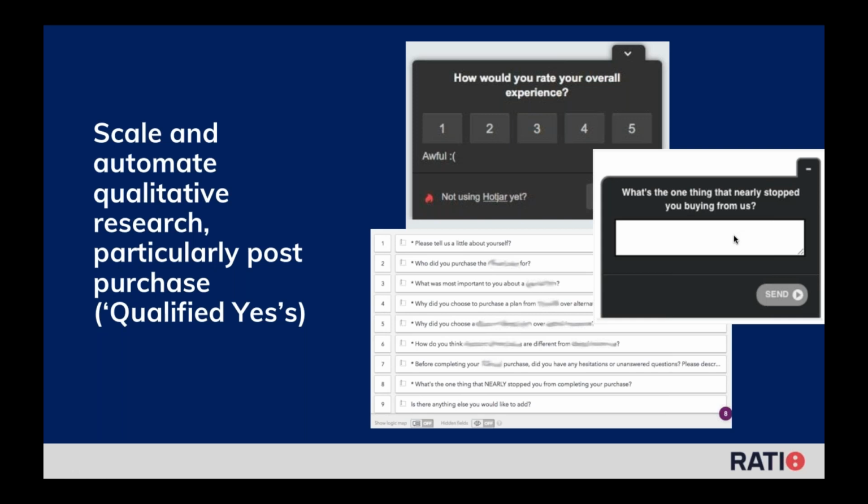Because there we have a set of people that we know definitively are actually qualified users, a relevant audience of your product. And by asking them what almost stopped them from buying, we can be sure that we'll be identifying problems that are actually relevant to an audience of people who were qualified but didn't buy.